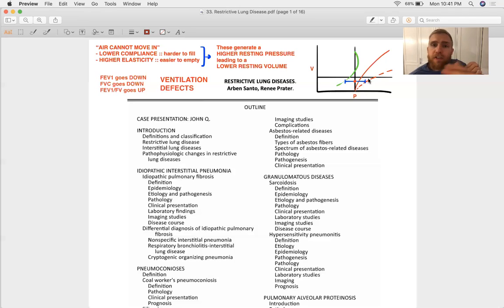So if you decrease the slope of the compliance curve for the lungs, then to keep the same pressure, and you will keep the same pressure because you keep homeostasis between these 2 opposing forces, you're going to have a decreased lung volume in order to do so. So the dot moves down the y-axis.